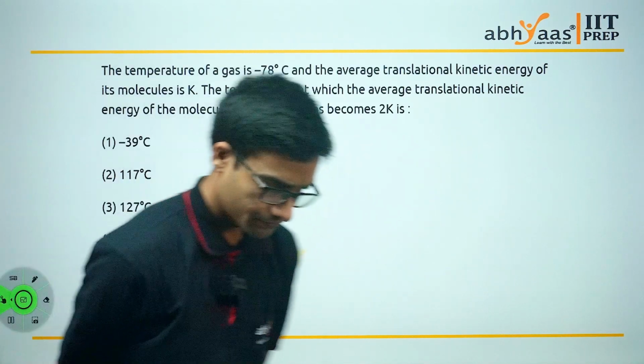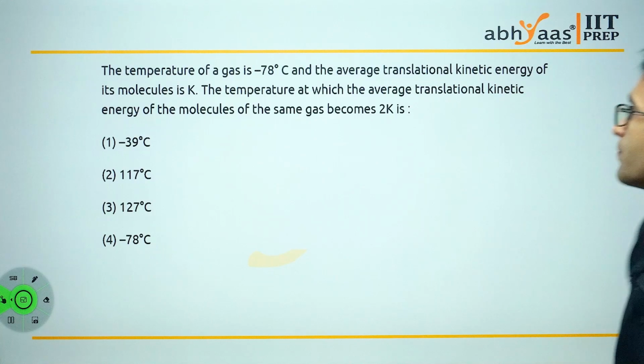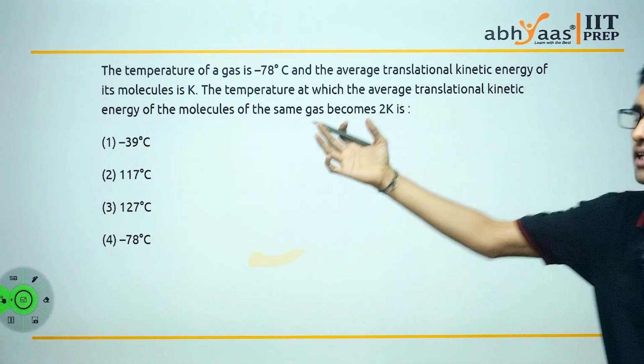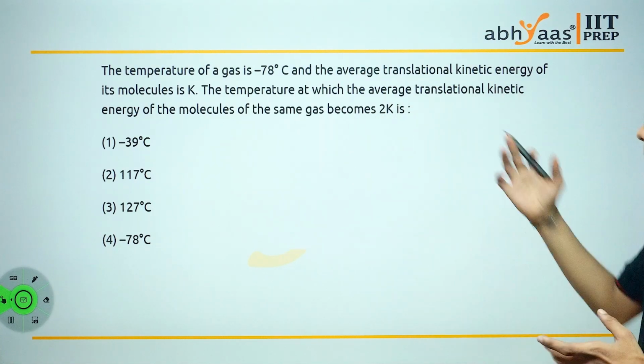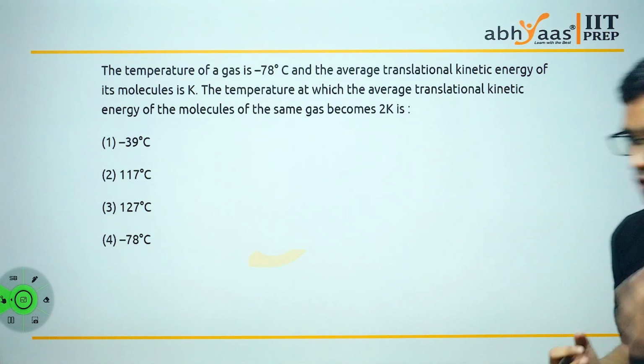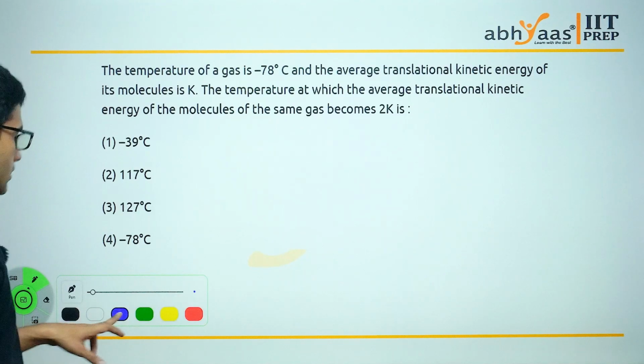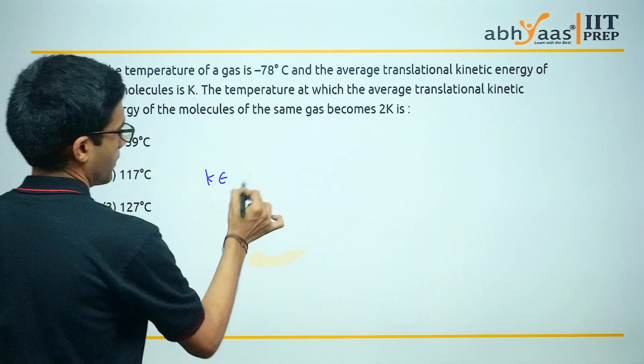Okay, next one. Temperature is given, average translational kinetic energy is given, that is K. We need the temperature at which the average translational kinetic energy will be 2K. You know that KE is proportional to temperature.